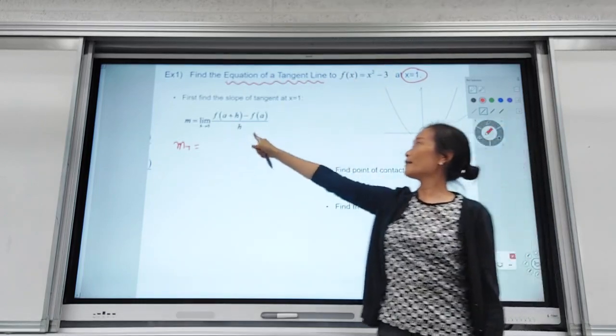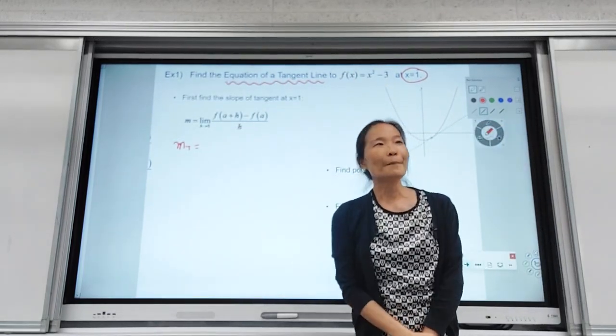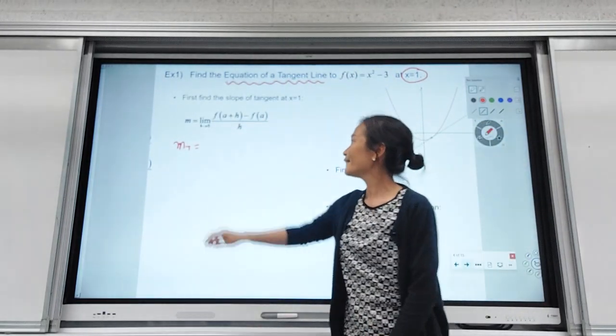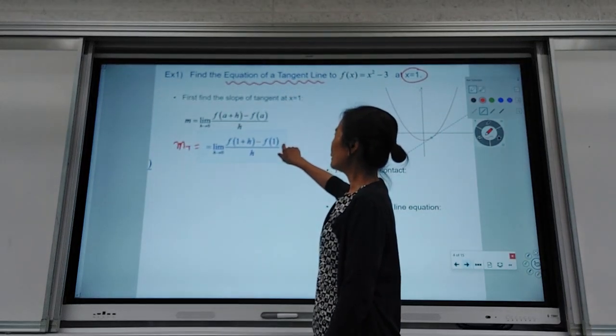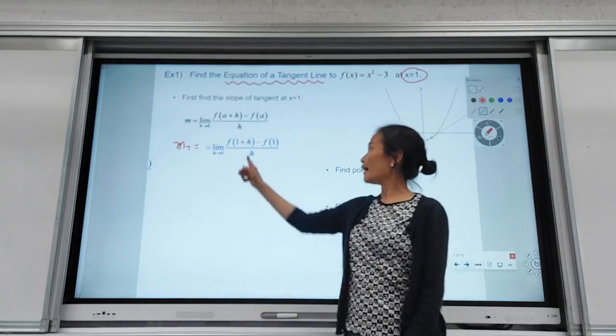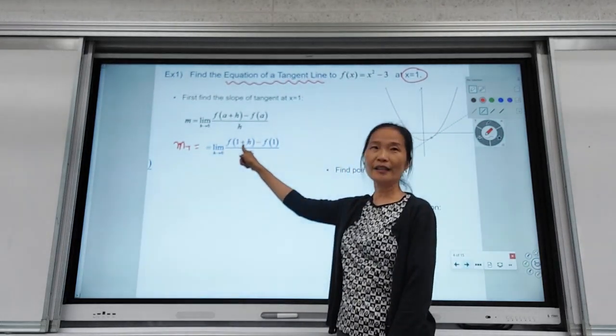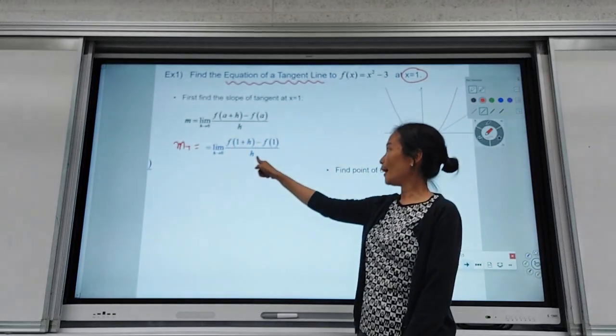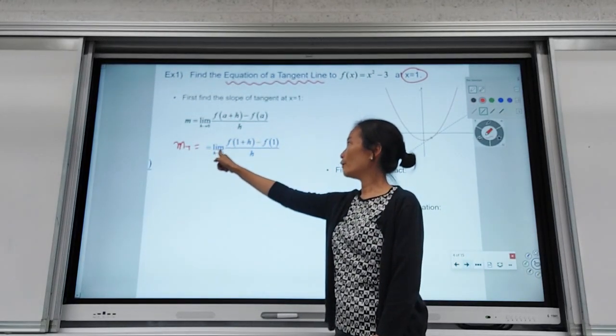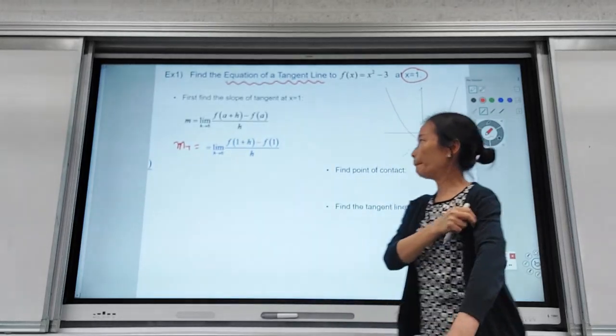So instead of a plus h, it will be 1 plus h, wouldn't it? So you're going to find f of 1 plus h, a nearby point near 1, minus f of 1, divided by h. And you're looking for a limit when h approaches 0.